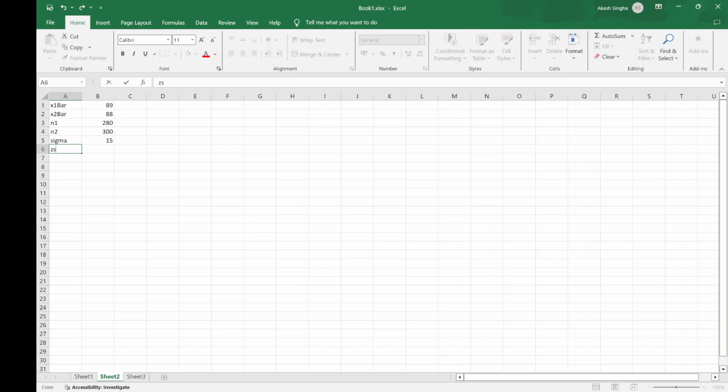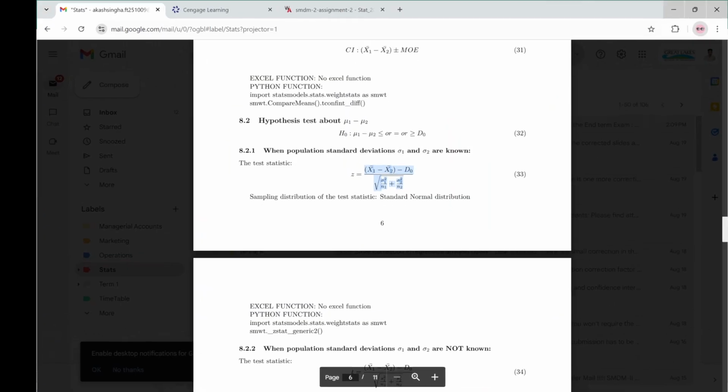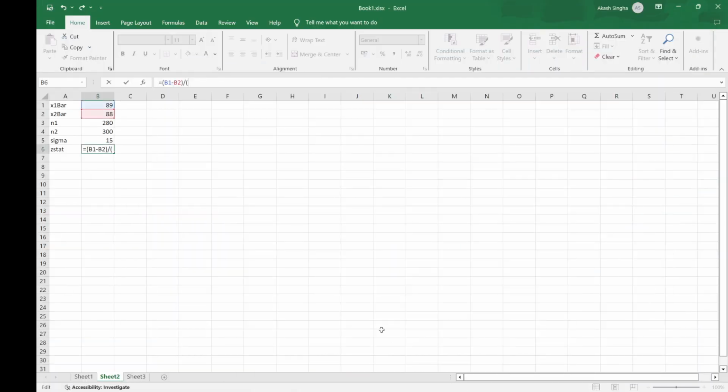So z stat is 89 minus 88 by root over sigma 1 square by n1 plus sigma 2 square by n2.